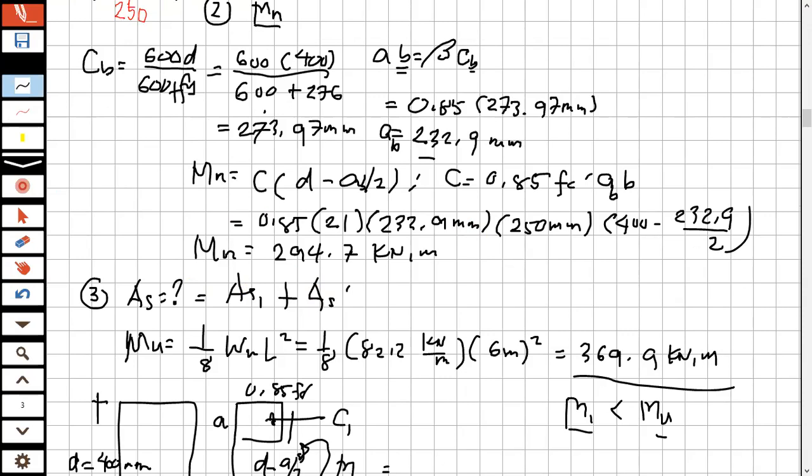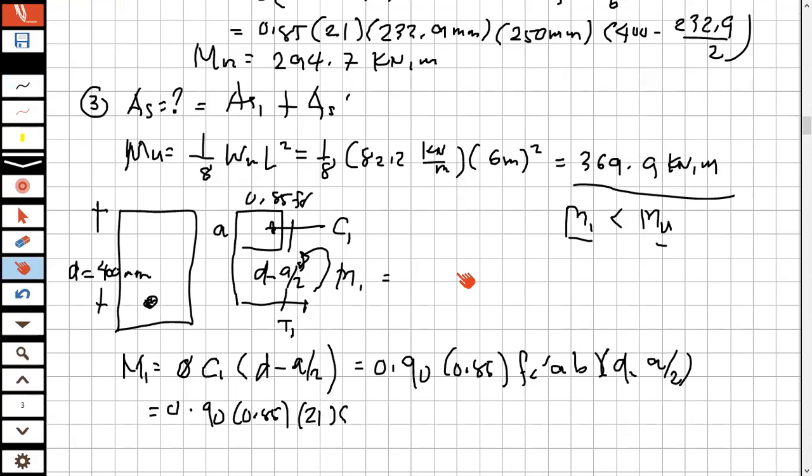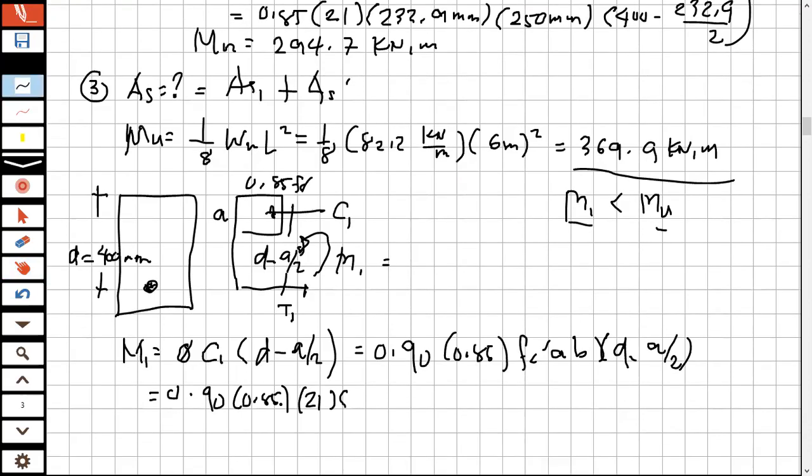So, we can have the relationship that AB, just like steel ratio. Steel ratio is 0.75 of rho balance. So we can also have this relationship, it's also the same. So if you have 232.9 para sa AB, we can also have here A. A is equal to 0.75 times yung AB natin, 232.9.